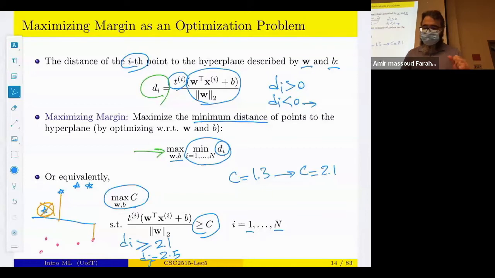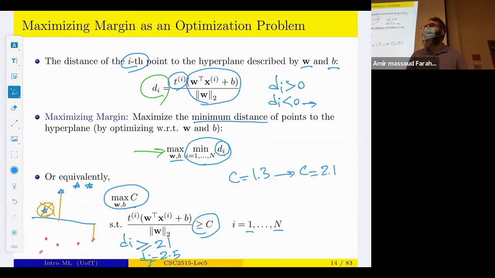The question is that when we are optimizing something, we should always optimize some scalar, not a vector, so why do we have a maximum of a minimum? My answer is that we have n different values and we take the minimum of them, so it would be only one value. The minimum of a set of values is a scalar. So we are maximizing that minimum.